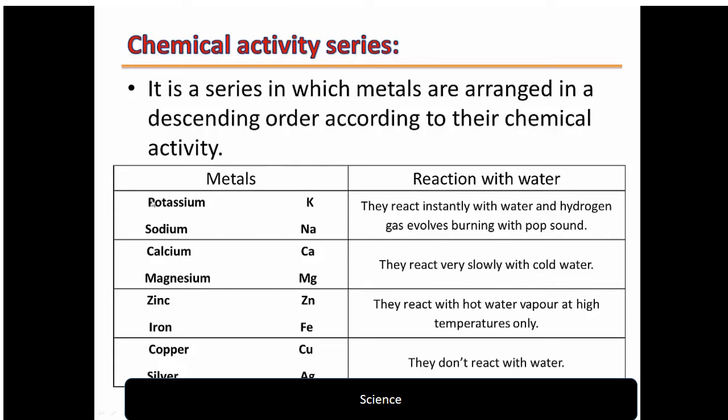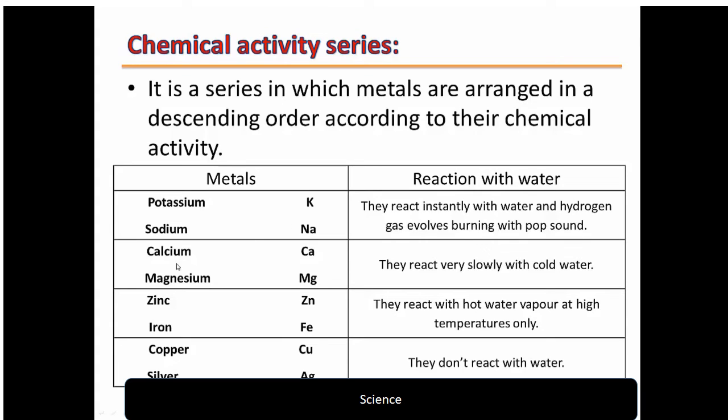As you can see, it is divided into 4 categories. We have to memorize them. The first category contains potassium and sodium. They react instantly with water and hydrogen gas evolves, which burns with a pop sound.